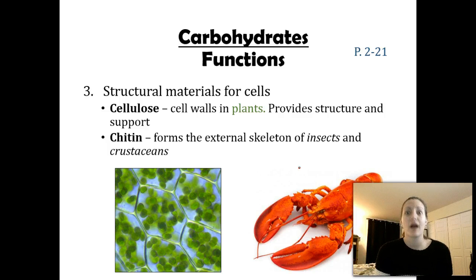Think about cockroaches. They're pretty sturdy on the outside, or a lot of beetles. Not all insects, though. Bumblebees don't have that really hard exterior shell. But any insect that does have a hard shell, it's made up of chitin, and chitin's a carbohydrate. So again, these organisms need carbohydrates, even though we kind of give them a bad rep.